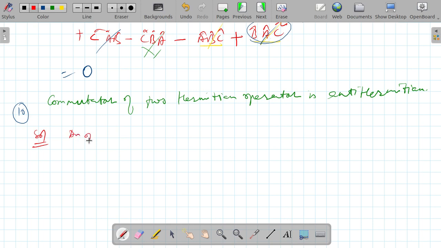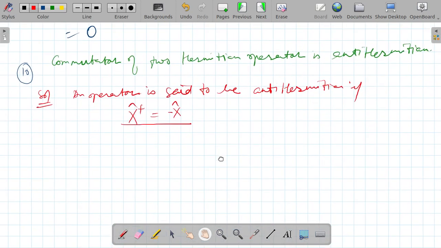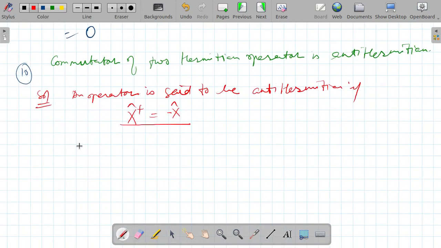So an operator is said to be anti-Hermitian if, say, x is the operator, its dagger is equal to negative of x. Now let us choose two operators a and b, and they are Hermitian. That is, a dagger is equal to a and b dagger is equal to b.